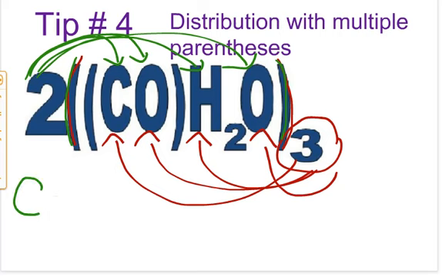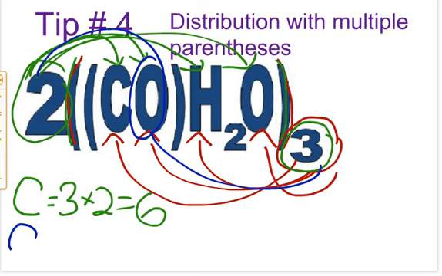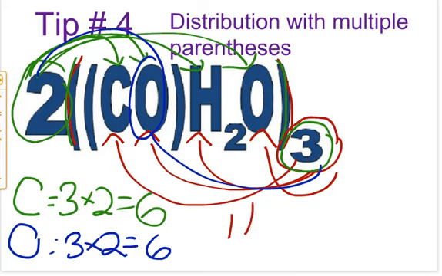So carbon, we have the 3 right here, and then the big 2, which is 6. Oxygen, we got the 2 here, and the 3 here, which is 6. Now hydrogen is being tricky. Okay? Hydrogen, we have the 2, we have this 2, and we have the 3.